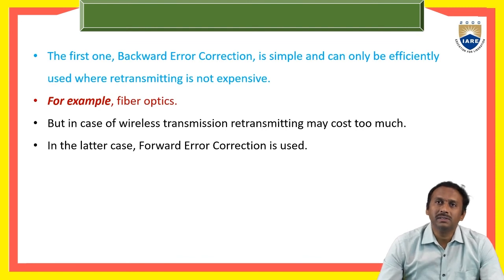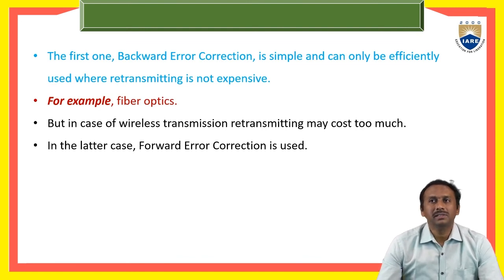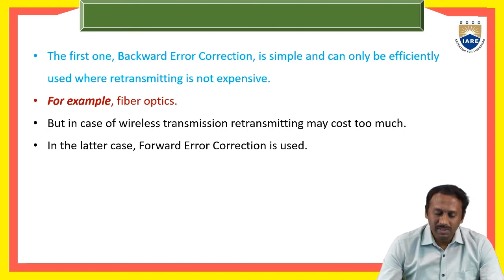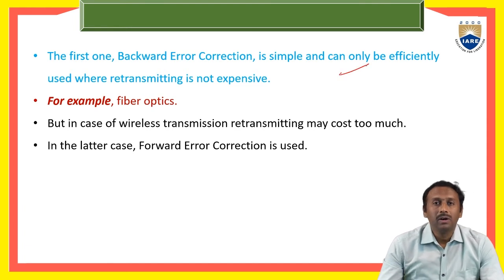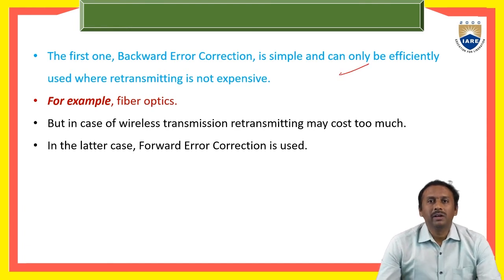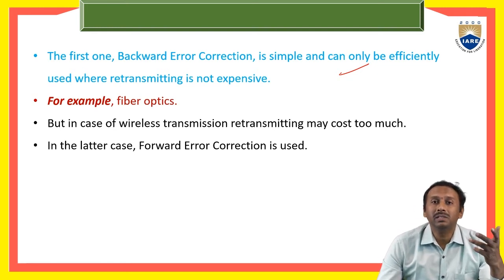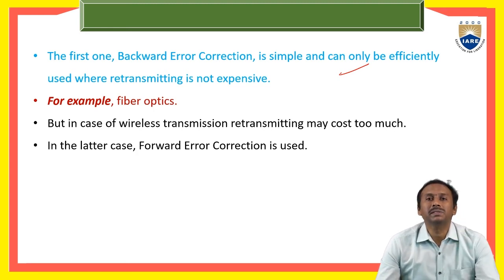In the first case, backward error correction is simple and can only be efficiently used where transmitting is not expensive. That means we can execute backward error correction when retransmission is not expensive.